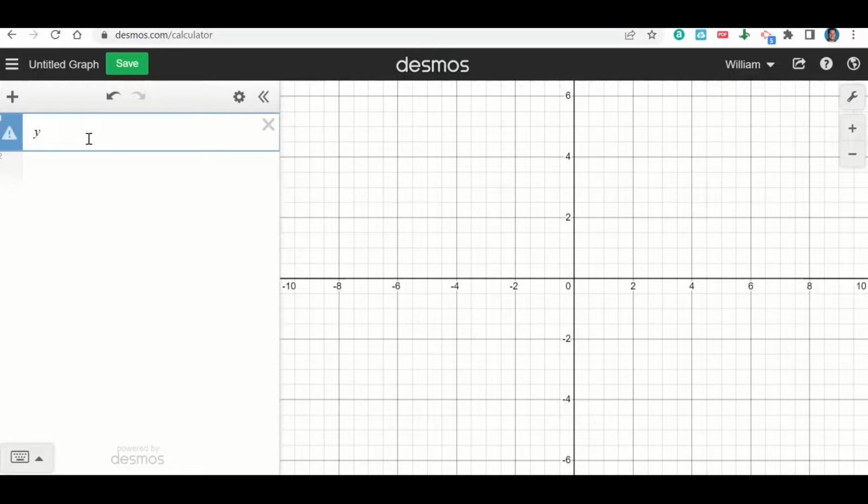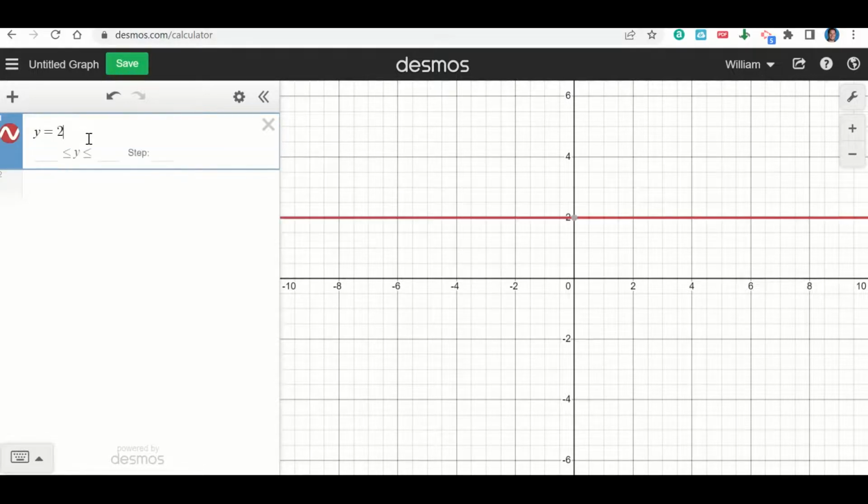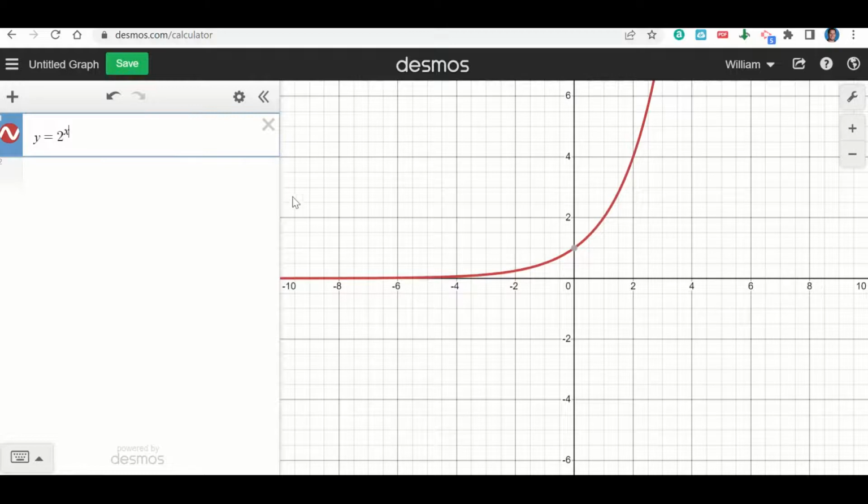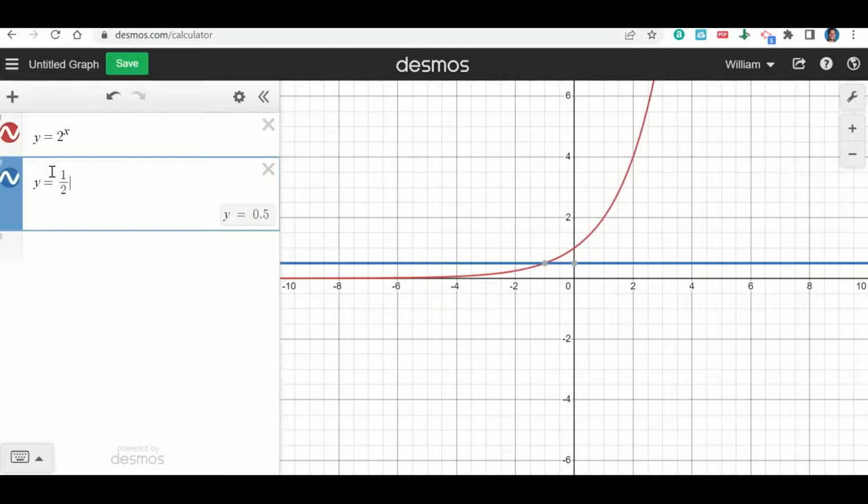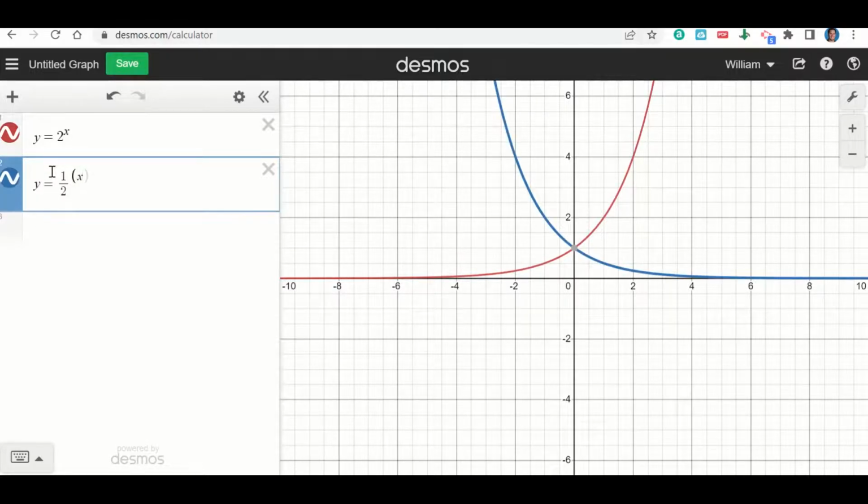So let's say it was y equals 2 to the x. Well, as we can see, it graphs it for us. It shows us what the curve looks like. And we can enter any equation in here. Let's say we had y equals 1/2 to the x minus 5 power.